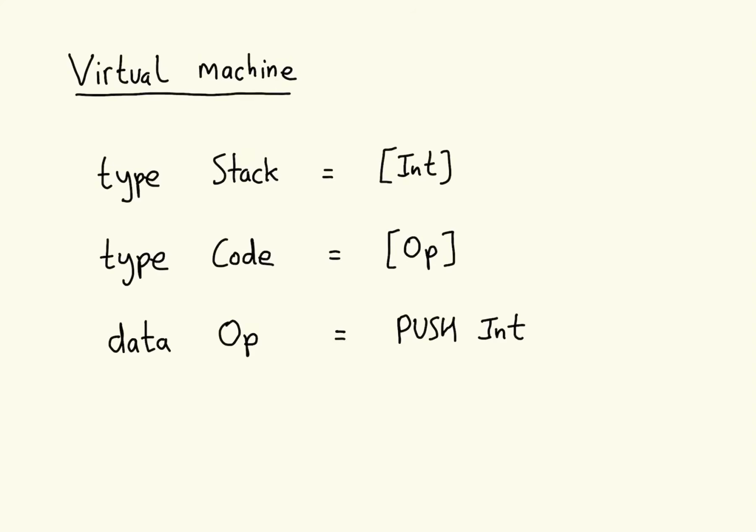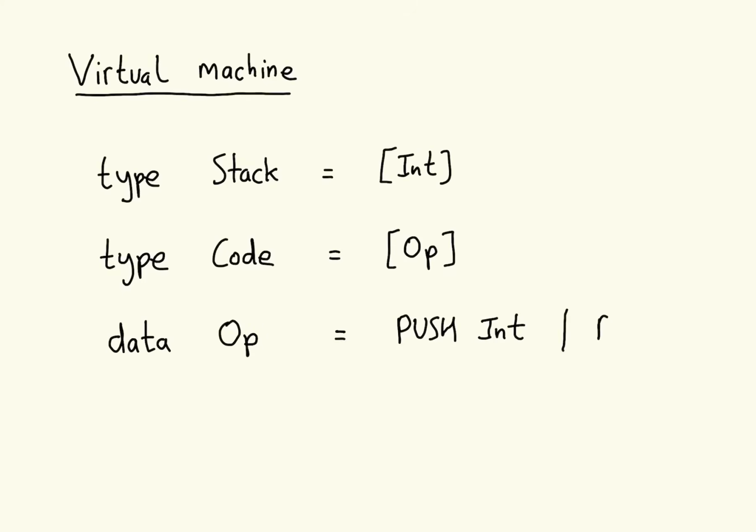And the idea is that this simply pushes a given integer on to the top of the stack. So if your stack contained the values 2, 3, 4, and then you pushed a 1 onto the stack, then your stack would contain the values 1, 2, 3, 4. Puts that new value on to the top of the stack. And then we need one more operation.